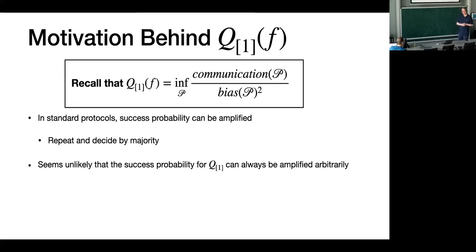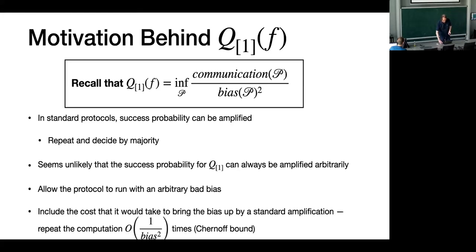Well, log n is already plenty. So this actually is an open problem. How well can we amplify? I don't know anything better than this 1 over epsilon squared, at least not with 1 qubit or anything like that. So we simply allow protocols to have an arbitrarily bad bias, but then punish the protocol in the cost for having bad bias.